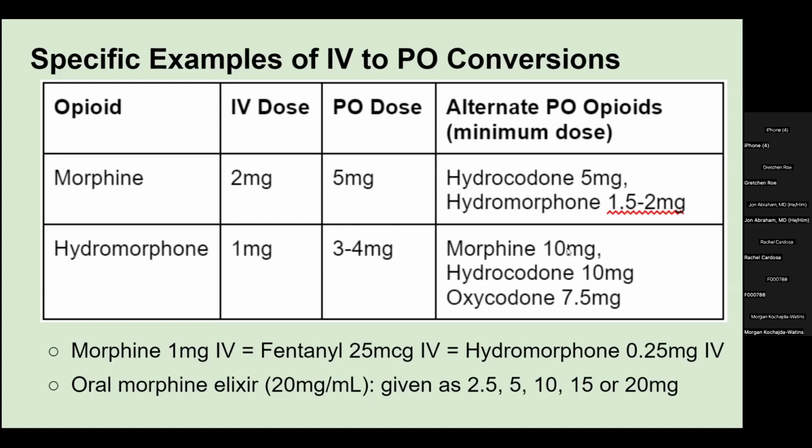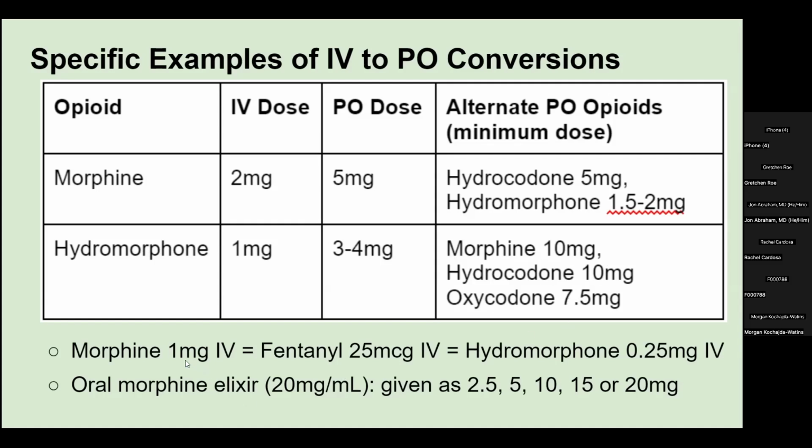It would be 1 to 12 or more if you did Dr. McPherson's conversions. But 1 milligram of IV hydromorphone or Dilaudid is the same as 10 milligrams of oral morphine. That just makes the math easier. And that's also the same as 10 of hydrocodone or 7.5 of oxycodone.